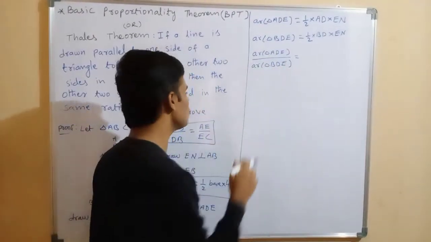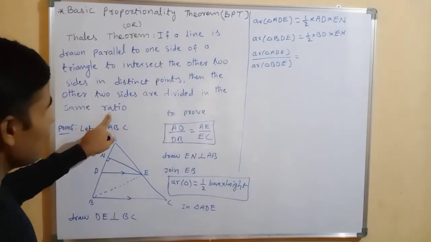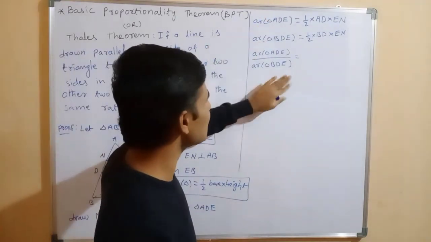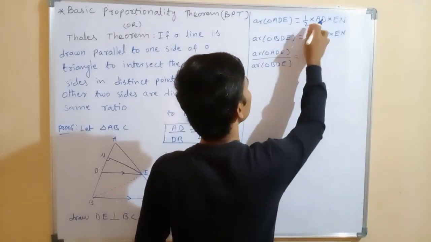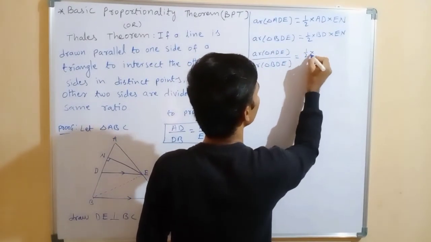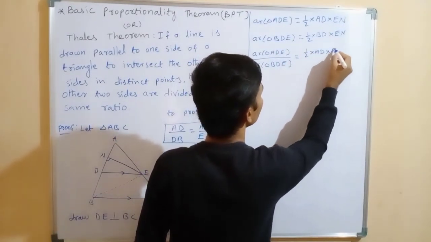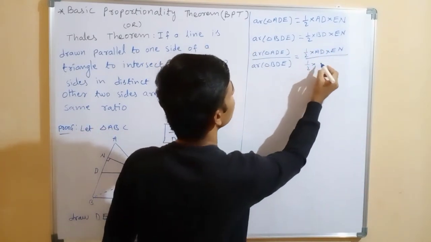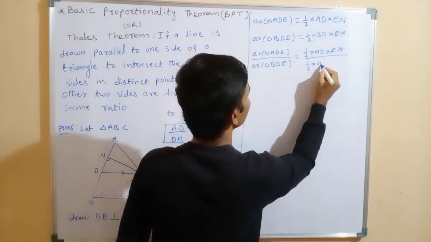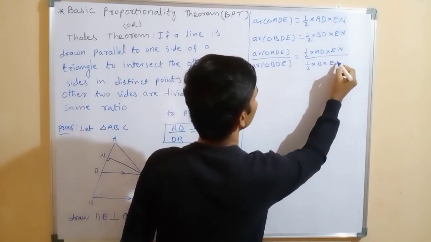So ratio means divide in the same ratio, which means for the area of triangles also we have to take the ratio. Now the area of triangle ADE divided by the area of triangle BDE equals half into AD into EN divided by half into BD into EN.